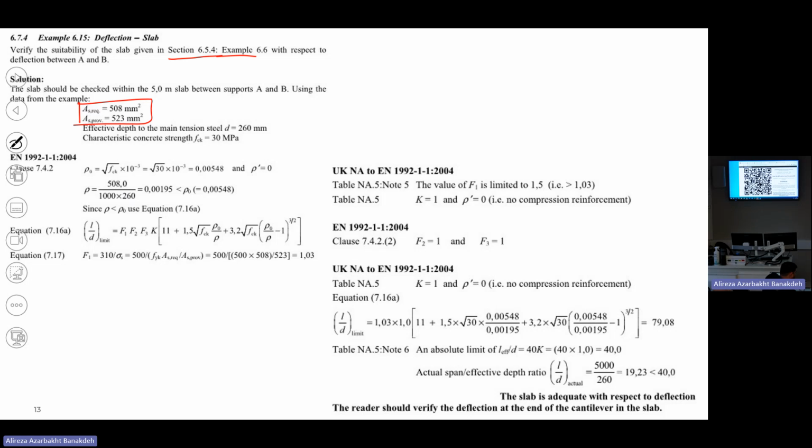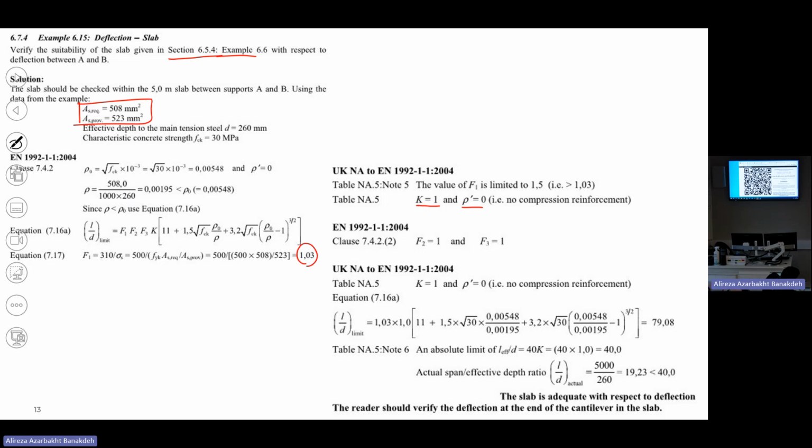So what's the new point here? Nothing. F1 is something similar here. Row 0. The same procedure, K is 1, row prime 0, F2, F3. Just repeat it. But we just use K.